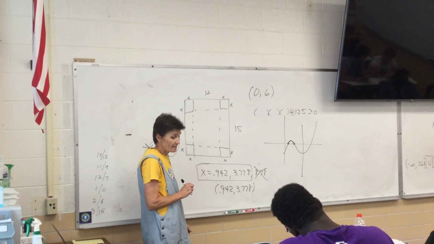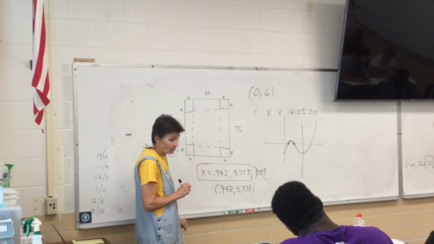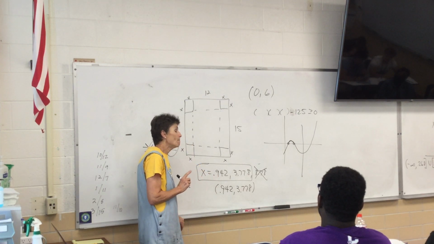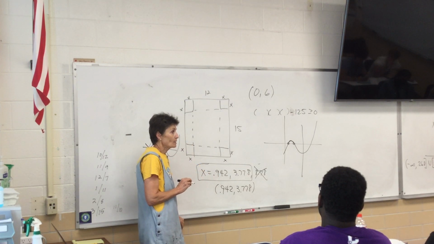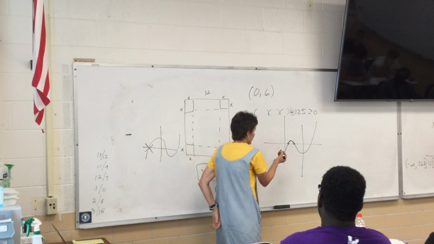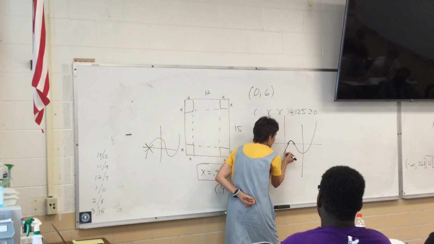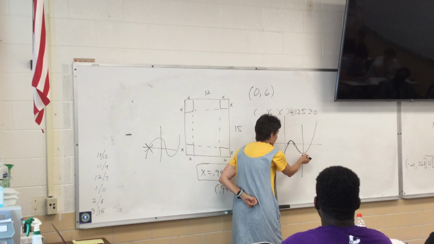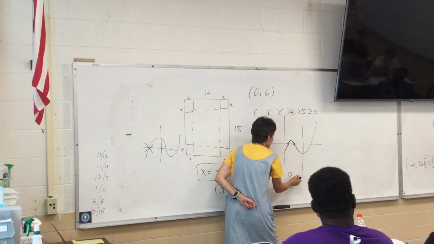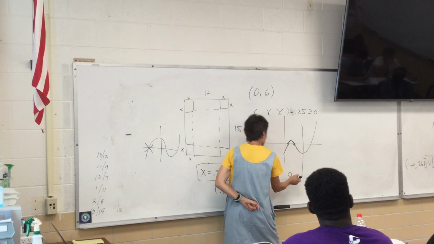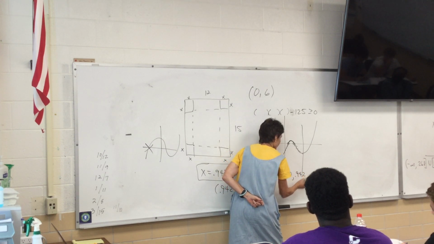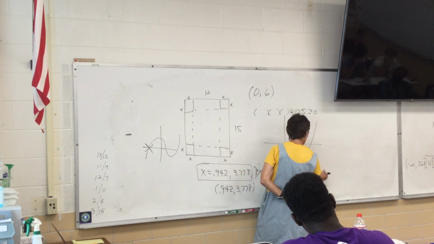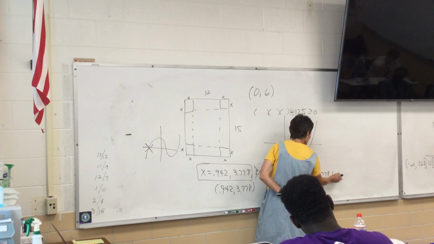Now, where is it less, or I should say at most 125? Where is it at most 125? That would be all of this and all of this. So everything from 0 to 0.942, or everything from 3.778 to 6.